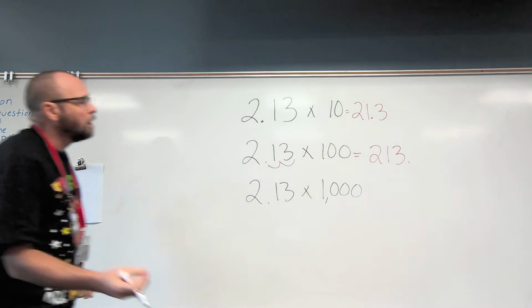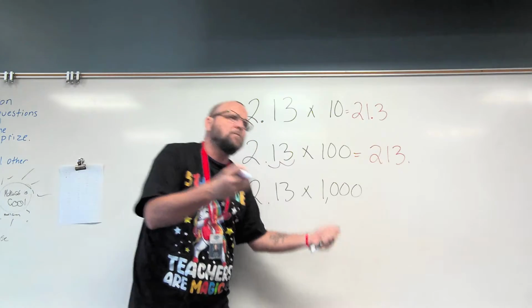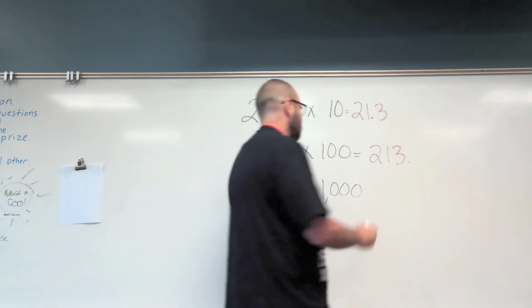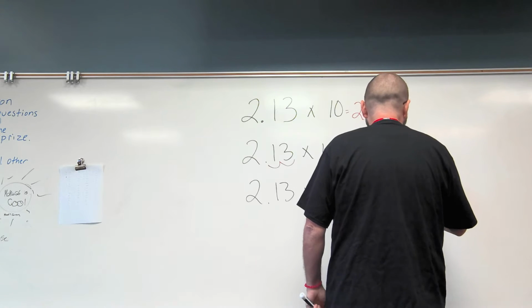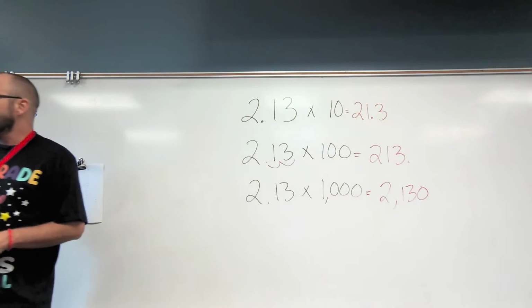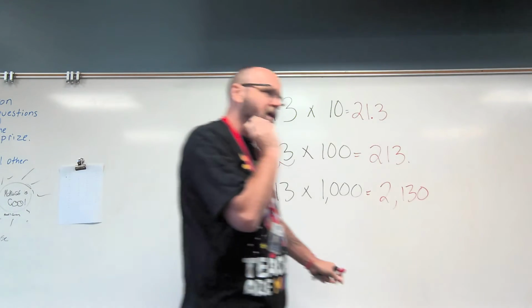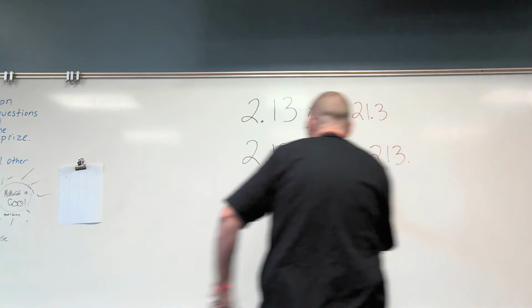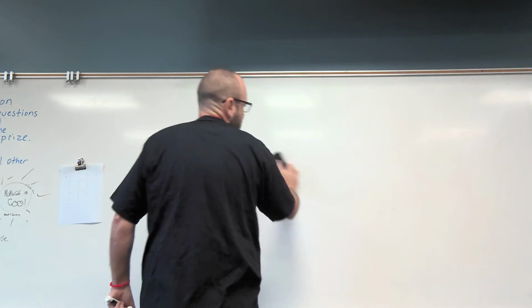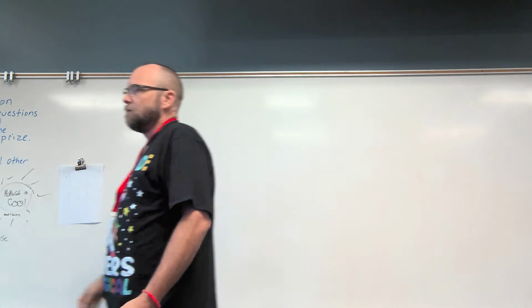When I'm multiplying by 1,000, what do you think that's going to be? 2,130. Oh my gosh, you guys are brilliant. 2,130. Let's look at just one more set. And see, this is going to save you. And I'm going to tell you what I've seen in the past.